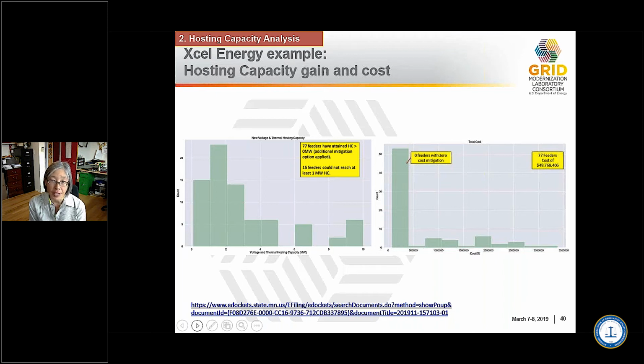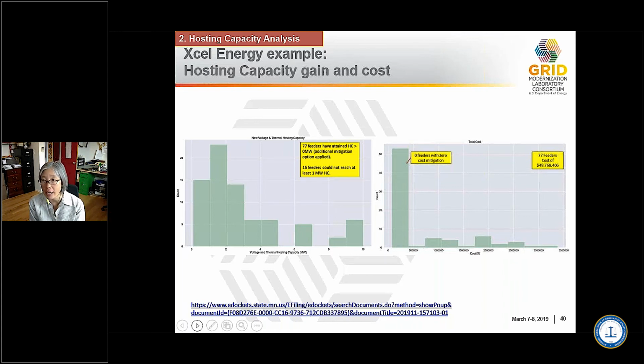So 15 feeders, they couldn't really do much with. The mitigations needed were just too much. But for 77 of the feeders, they were able to get at least 1 megawatt and up to 10 megawatts of additional hosting capacity open on those feeders.